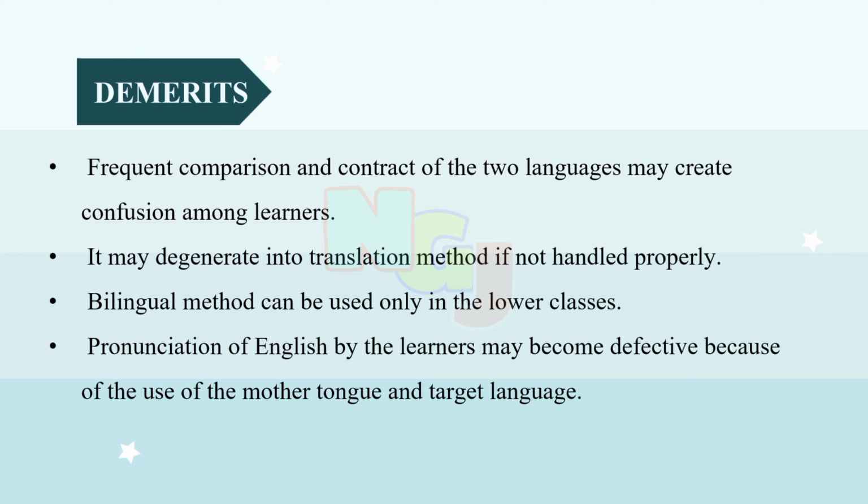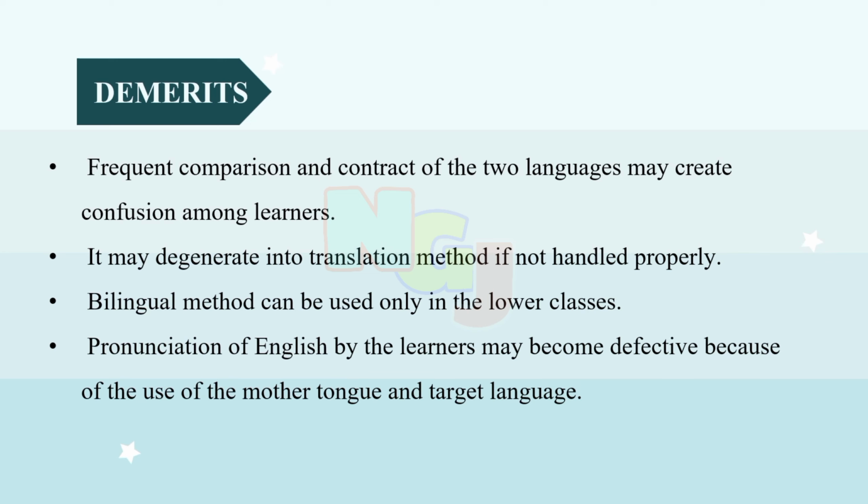See, when the teacher is frequently comparing and contrasting two languages, it may create confusion among learners, and also it may degenerate into a translation method if not handled properly. That is, if the teacher keeps on translating each and every word instead of finding mother tongue equivalents for sentences, then this may become grammar translation method instead of bilingual method.